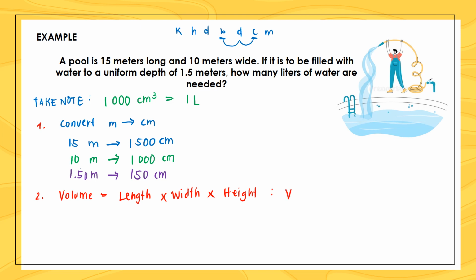V is equal to length times width times height. Again, we just substitute this formula with our given. Volume is equal to 1,500 centimeters times 1,000 centimeters times 150 centimeters.